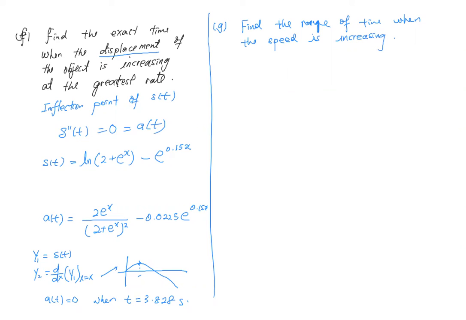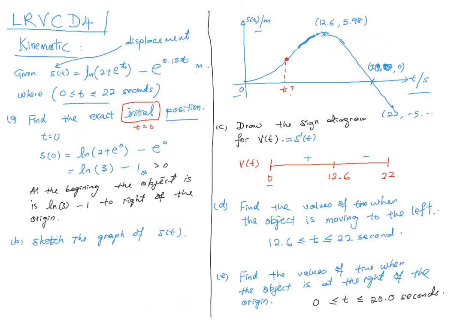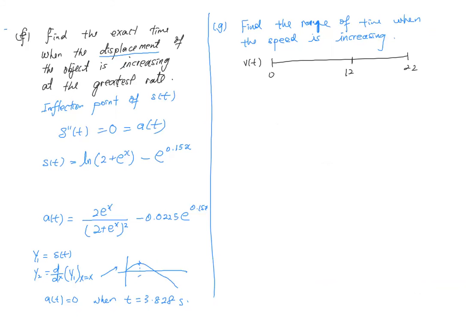Okay. So when we talk about speed increasing, you have to bear in mind, you have to have two sign diagrams. What are the two sign diagrams? One is the VT that we have already just now. 12.6, okay? 12.6. And here is positive, here is negative. Then you must have your AT sign diagram.